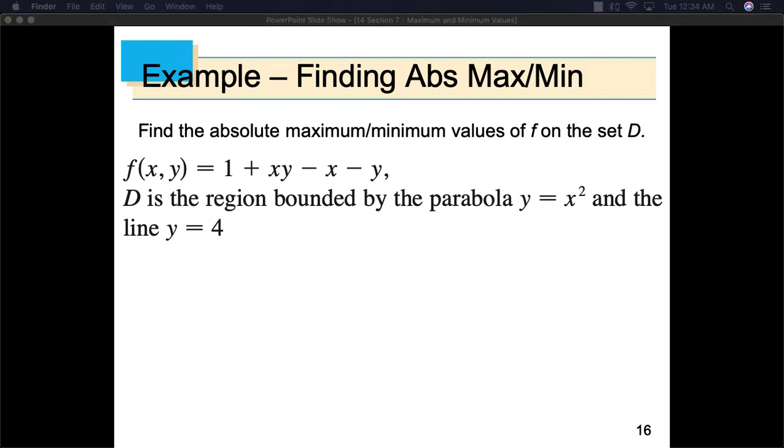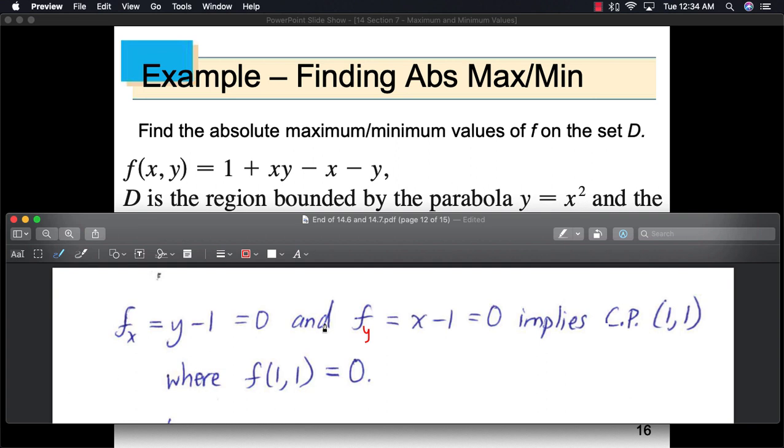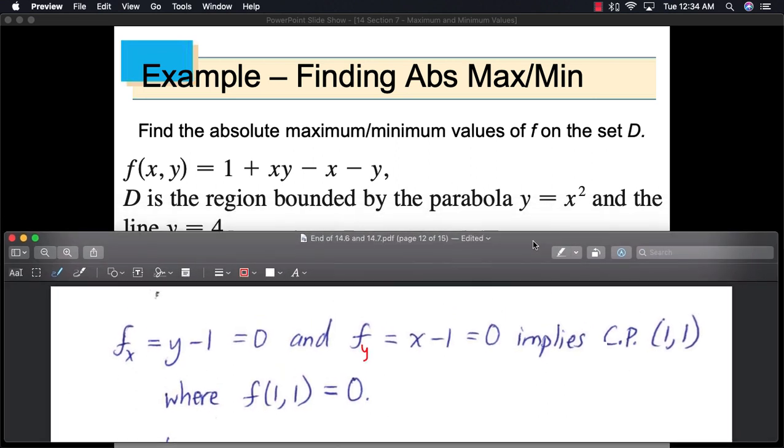So here, we go ahead and start out the same exact way we've done all of these problems.